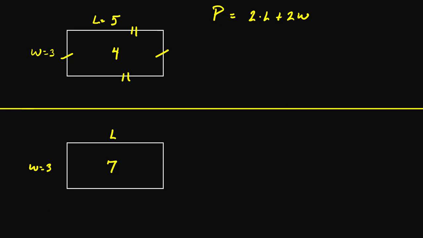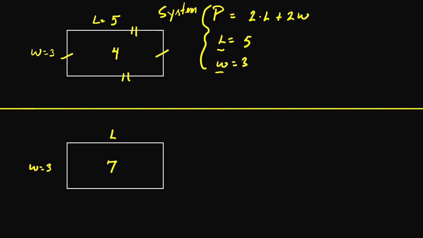Then they would say that L equals 5 and width equals 3. And even though they didn't say this, it was true at the time. Whenever you have something like this, it is called a system of equations. A system of equations. And the way that we solve this is just to substitute these values for L and W into this formula.